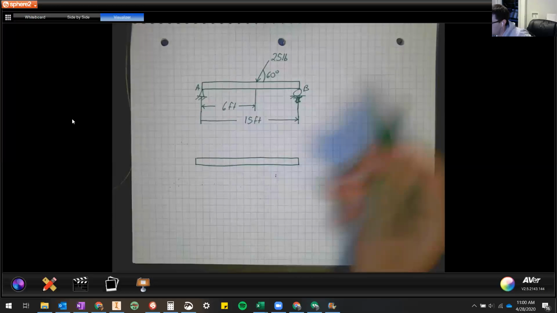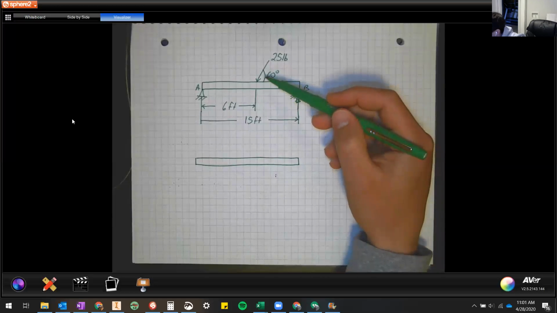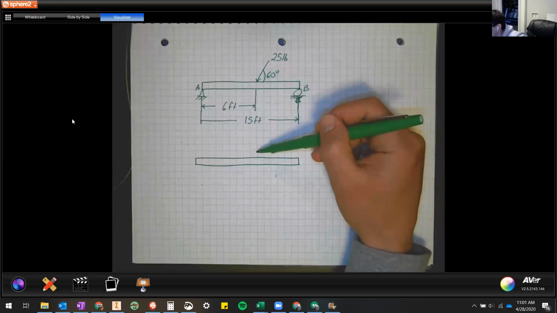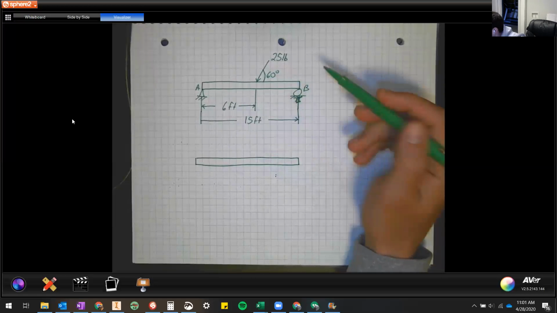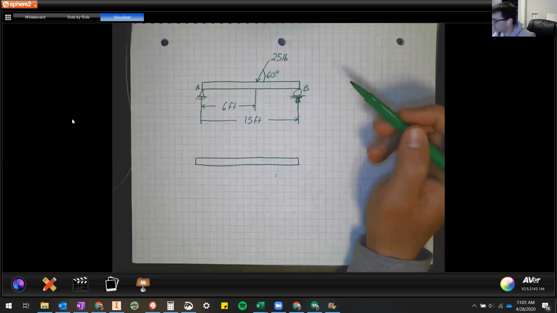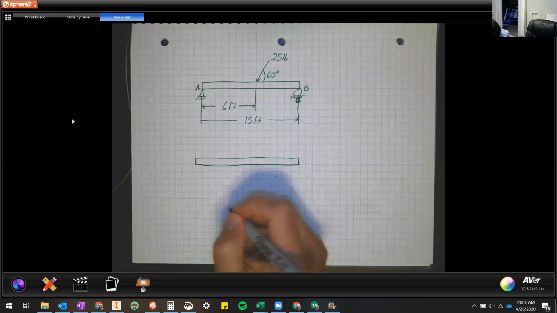Instead of drawing this 25-pound force as an angle, I'm going to draw it in its x and y components down here to show the idea of how we would break that down into its x and y components. So I'm going to leave that 25-pound force alone up at the top, and I'm not going to redraw it. You can redraw it, but I'm going to choose to do it as x and y components this time instead.